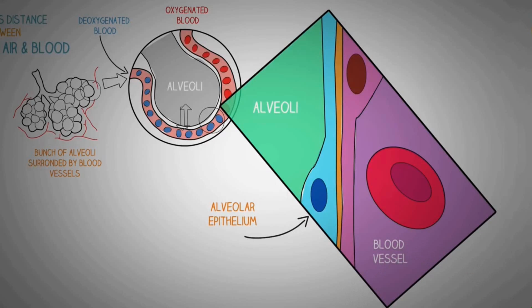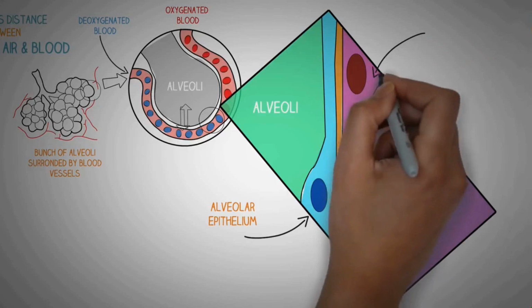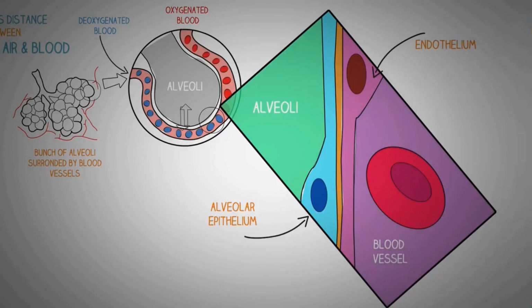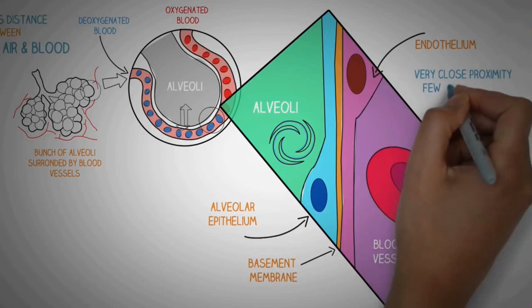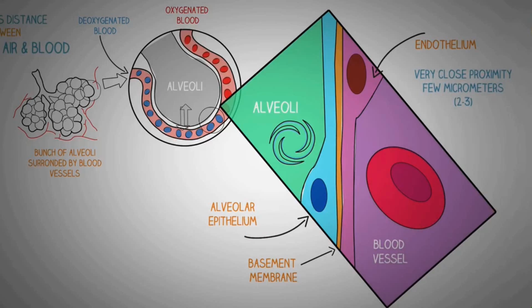On the other side, we have the blood vessels which contain the RBCs, and the wall of the blood vessel is the endothelium. In between them is the basement membrane, which separates these two cell layers. So you can see clearly that the air that we inhale in the alveoli is in very close proximity, approximately a few micrometers, from the blood vessel.